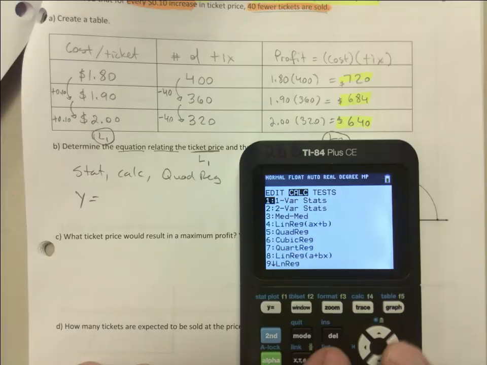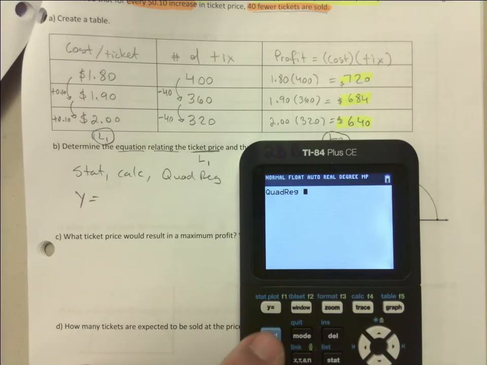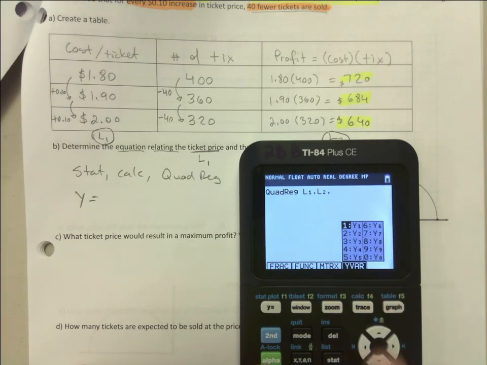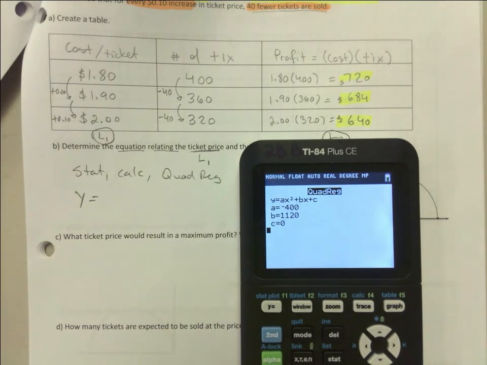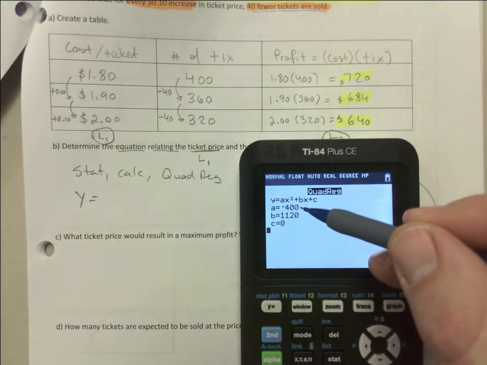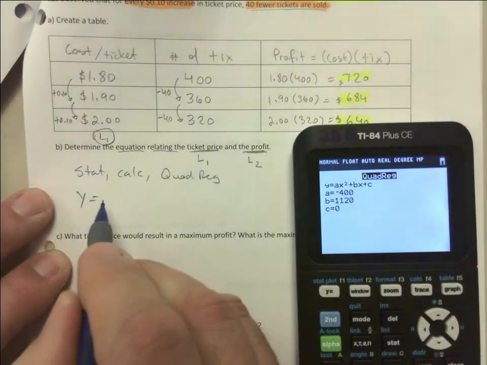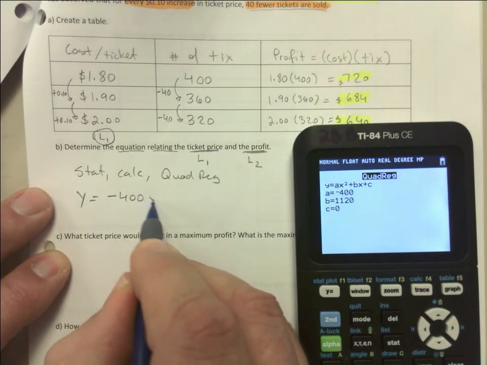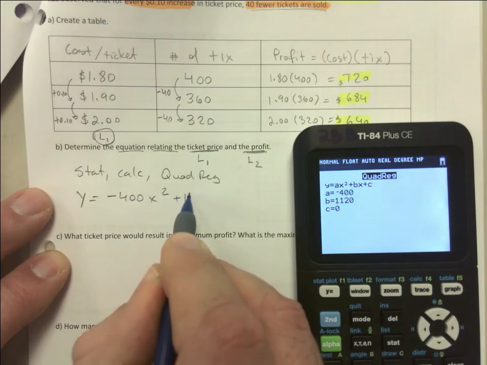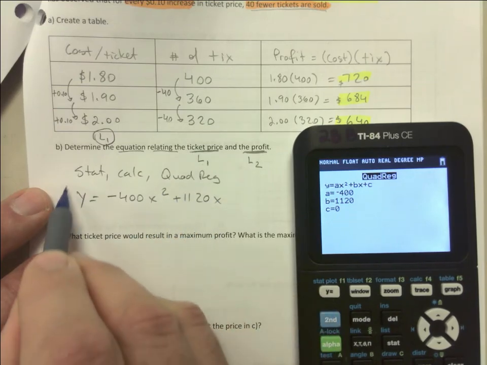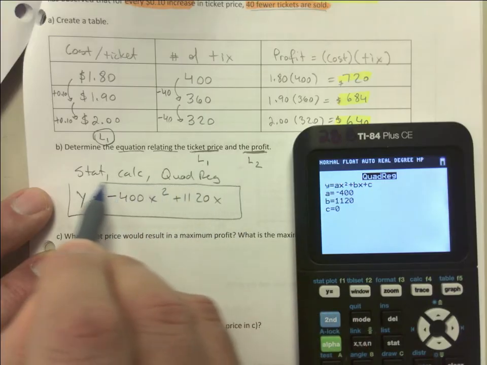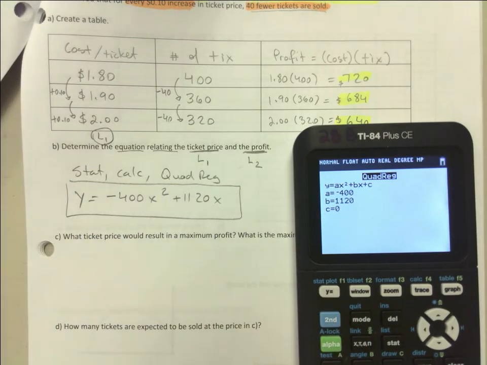Stat, calculate, quadratic regression, second 1, comma, second 2, comma, alpha, trace, y1. Enter. A is not 0, right? So we're good. This is going to be a quadratic equation. So negative 400 x squared plus 1120x. That's it. C is 0, and that's fine.